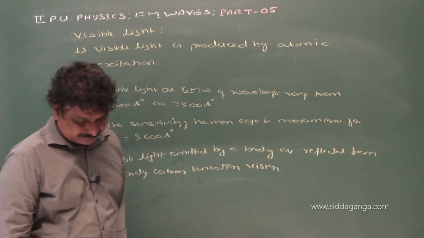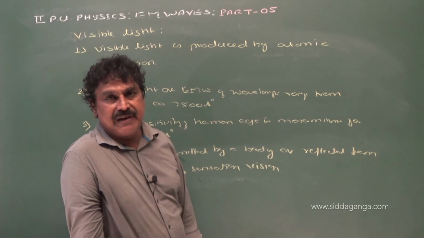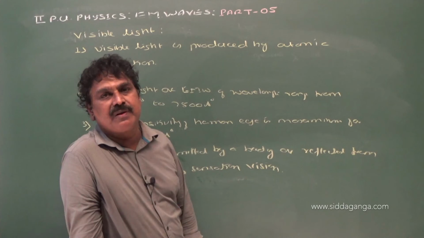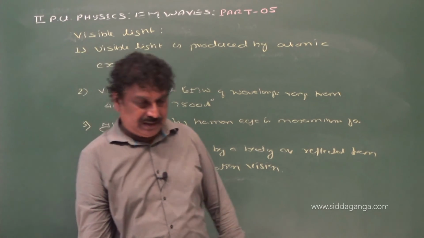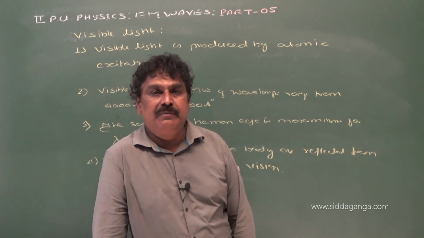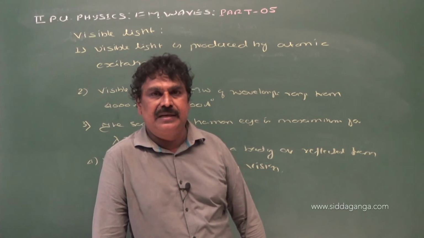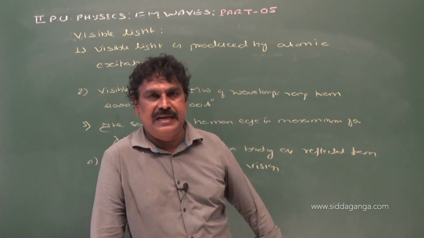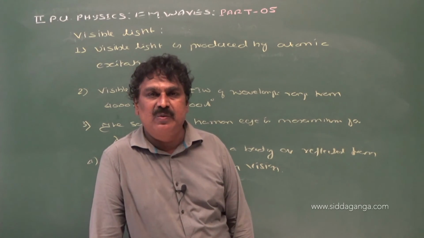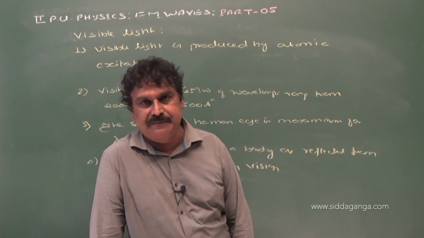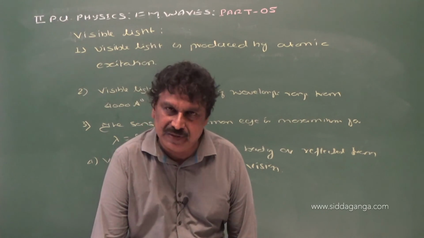Now, the eye is sensitive to the wavelength range of electromagnetic waves from 4000 angstrom unit to 7500 angstrom unit. Wavelengths less than 4000 angstrom unit, that is ultraviolet rays, X-rays and gamma rays, and wavelengths greater than 7500, that is infrared rays, microwaves and radio waves, are not visible.